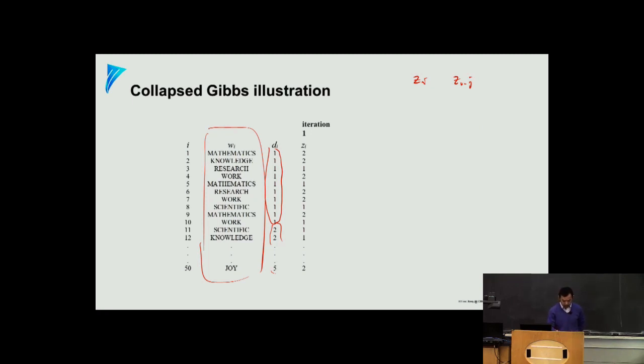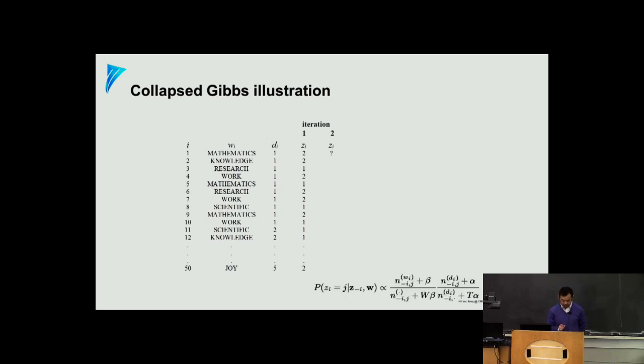And then what you do is assume that in the beginning, everything is given already. Okay, iteration 1, everything is given due to a random initialization. And in the next step, you ask what is the first word of the first document, what the topic of that word is. Okay? And how do you determine it?